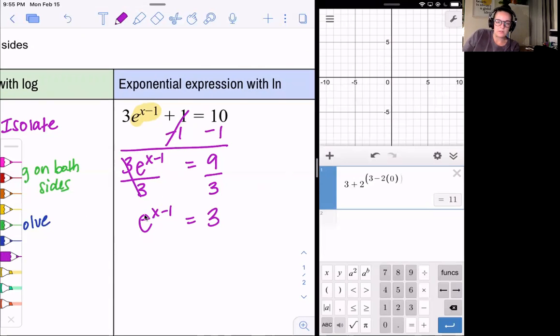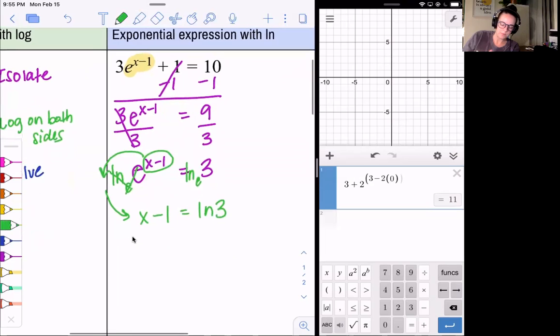In order to get rid of e, I want to use the natural log, on both sides. Natural log, I could put an e there, I don't have to. So this is going to cancel and leave me with just x minus 1. Remember, this is really like moving out in front here. That equals the natural log of e.